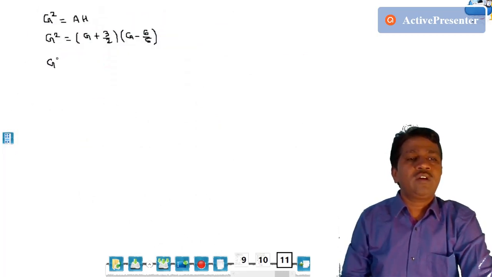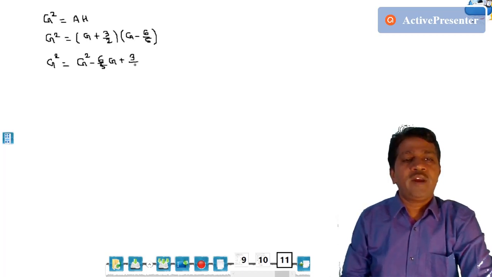Multiplying the two brackets on the right side, I will get G × G, which is G², then G × (−6/5), which is −6/5 G, plus 3/2 G, and the product here is −18/10. You can simplify this.